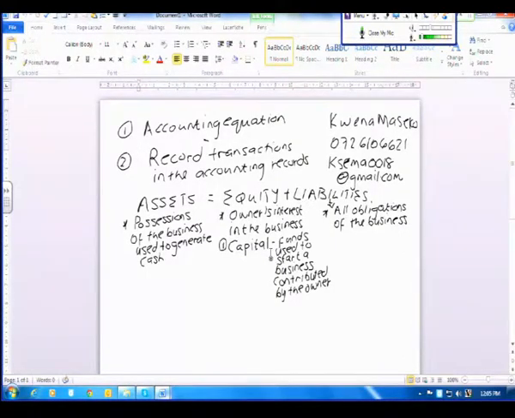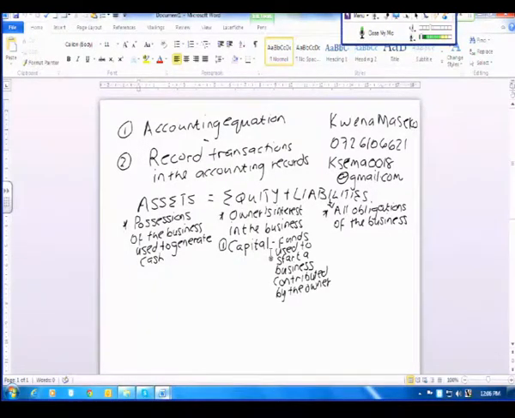Let's say the business will require 1 million and the owner has only 500,000. The owner will have to borrow some money and incur some liabilities. He needs to go to the bank and say, I need 1 million to start a business, I only have 500,000, and I'm asking you to lend me 500,000. That we will call a liability.